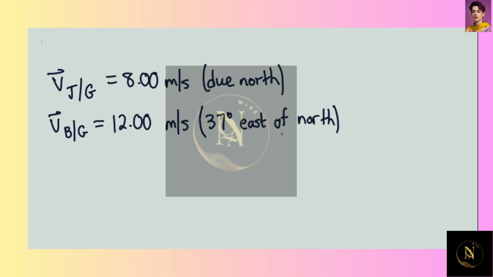And then we have the velocity of the ball relative to Juan, and this is essentially what we're trying to find. We're asked to find the magnitude and the direction of this vector here.